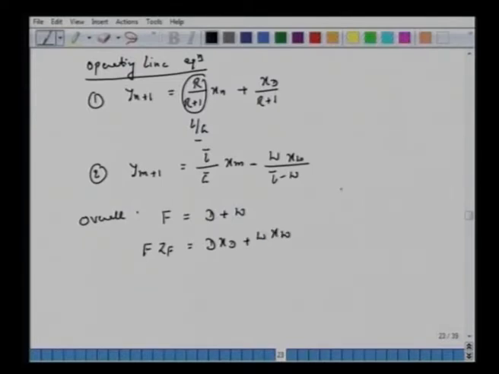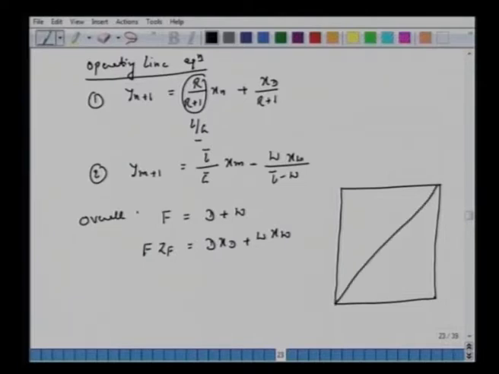So we have this McCabe-Thiele method, where this is XD, this is Xw. So we draw this operating line, we have another operating line here, and wherever they intersect at xf we have this q line.